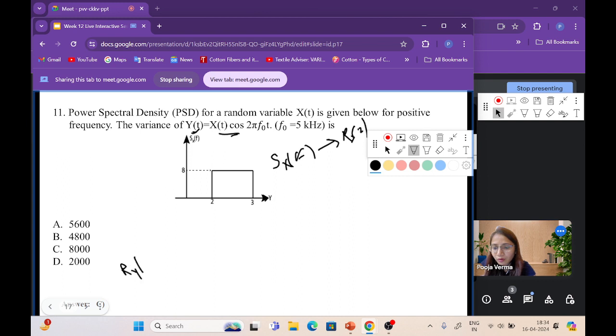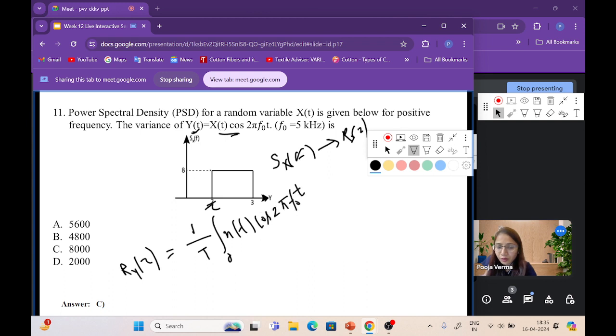R y of tau is represented by an integral over a specific time period from 0 to T of x(t) cos 2 pi f naught t, multiplied by x(t minus tau).